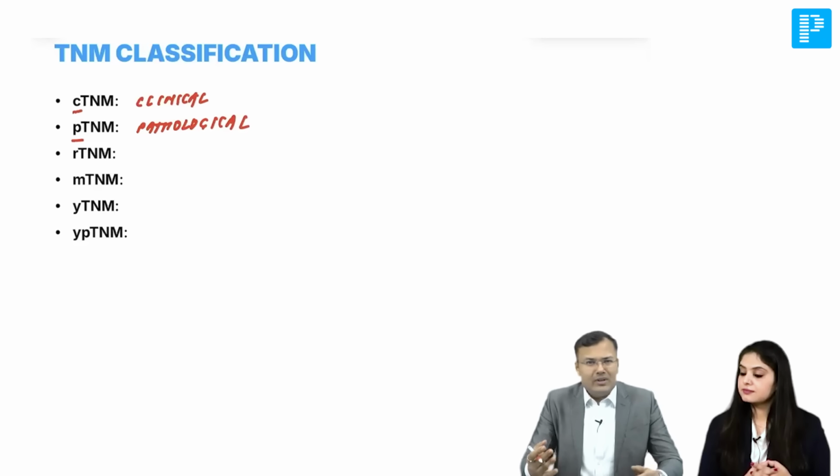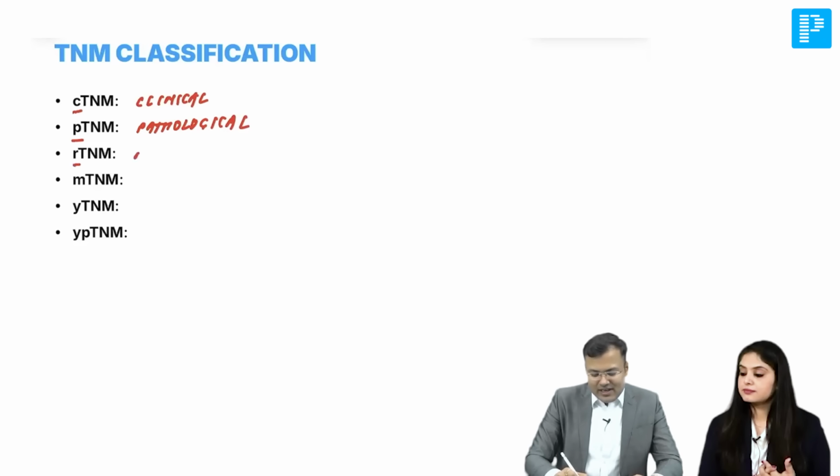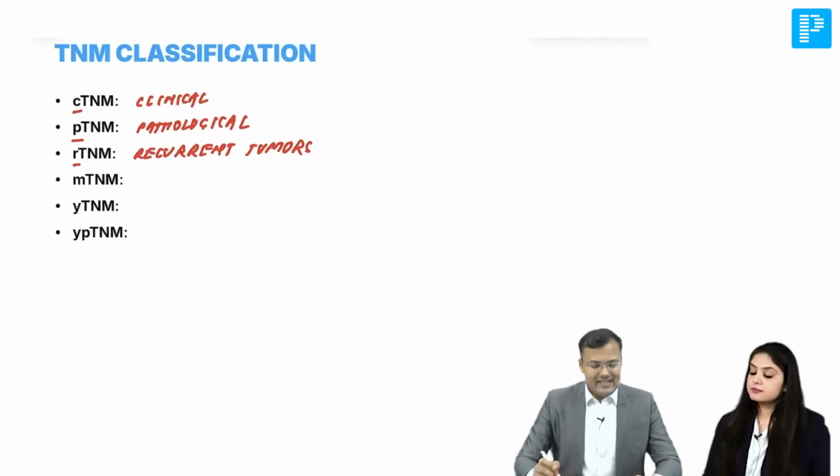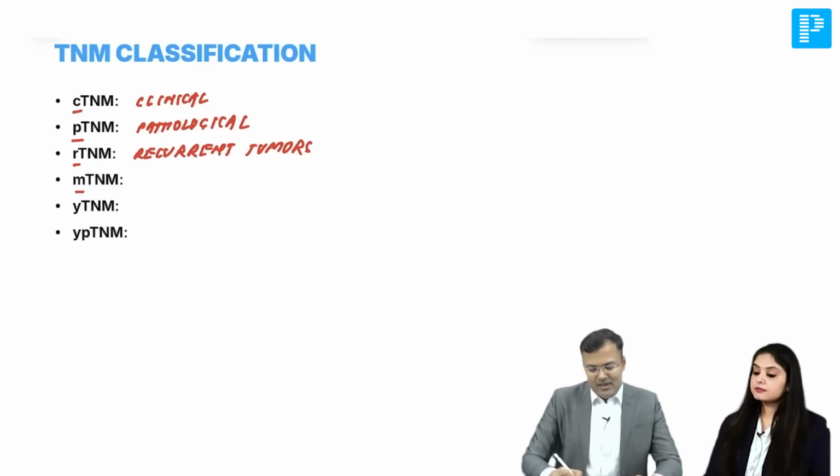Suppose you remove the tumor and again there is recurrence, and then you are doing the staging, that is RTNM. So RTNM is for recurrent tumors. Suppose some patient is having multiple tumors and you have to do the staging. This is MTNM. M is for multiple tumors.